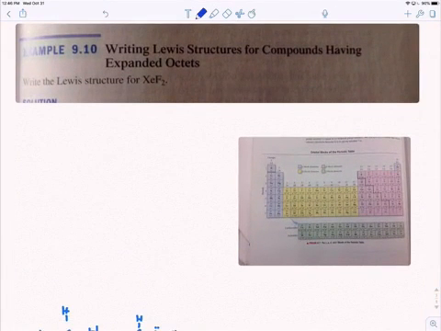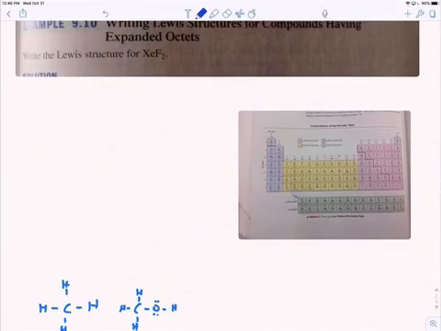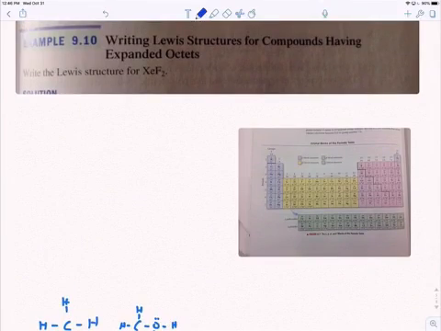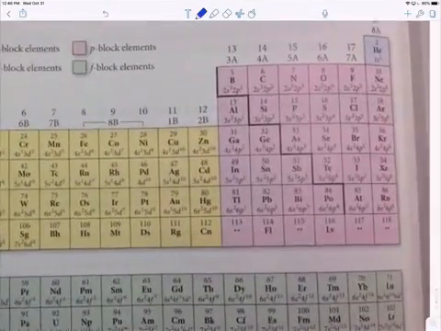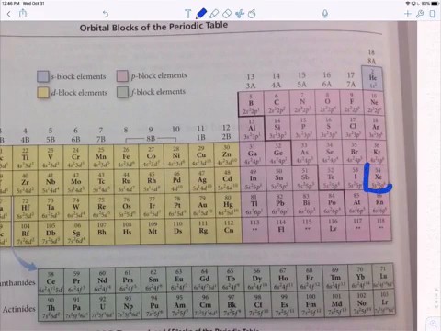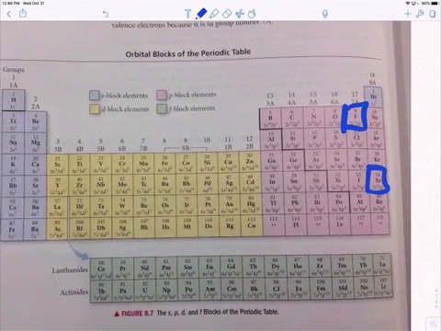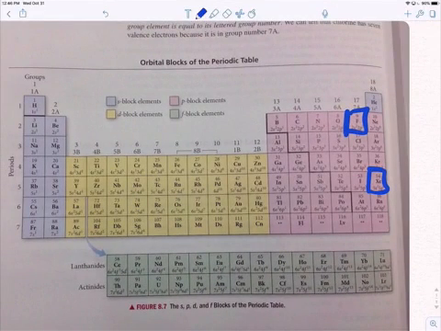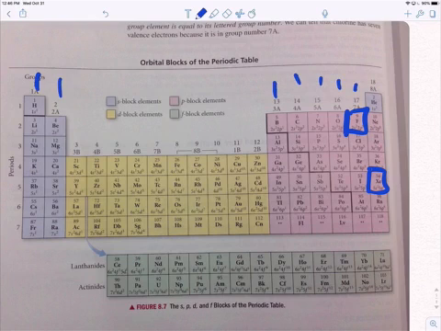let's write some expanded structures. There's another one. Write the Lewis structure for xenon difluoride. So xenon difluoride, how do you do this? Xenon is here, and fluorine is here. Oh, I can count for the students at home. Fluorine has 1, 2, 3, 4, 5, 6, 7.